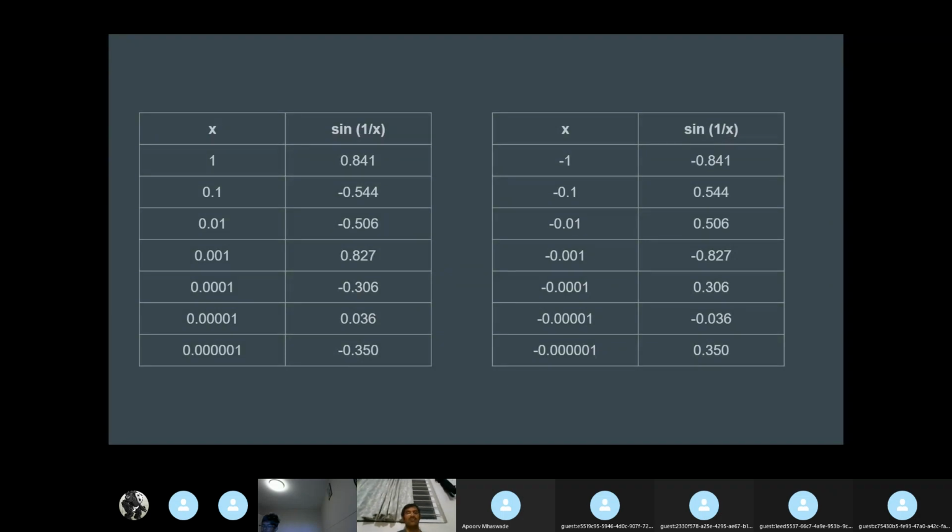So an important question for me: what would be the exact value of the function sine 1 by x at x equal to 0?